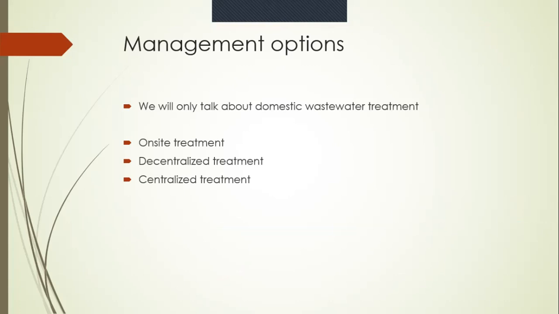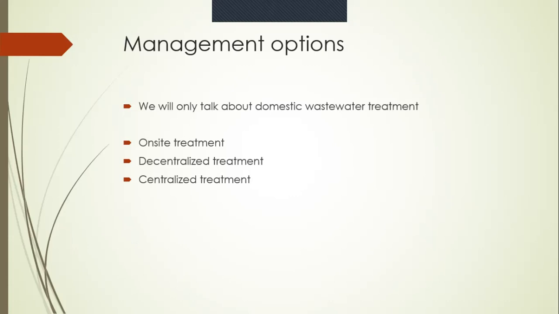Now, when we look at how the wastewater is managed in today's context, we can see there are on-site treatments such as use of septic tanks, soakage pits, etc. And on-site treatments are basically individual for each house.